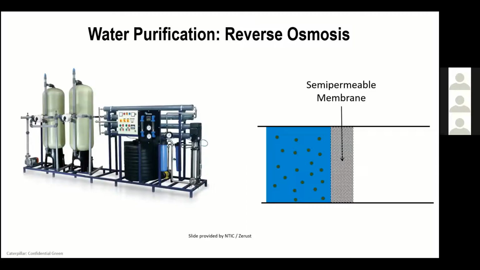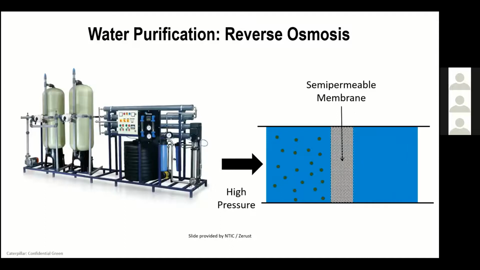Really what you're doing is taking high pressure and pumping it through these membranes, and they're semi-permeable, so you're going to collect those dissolved solids inside that membrane, and you're going to push through water that's actually more purified. Reverse osmosis doesn't take out everything, but it's going to give you pretty low conductivity water, roughly 50 micromole or less.